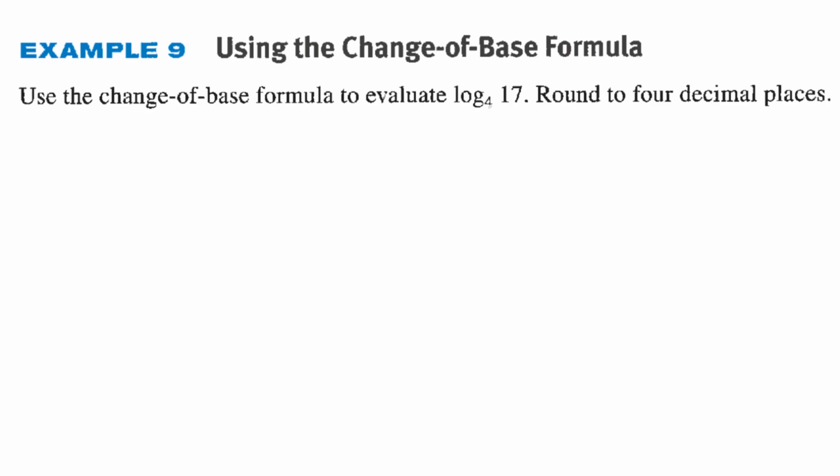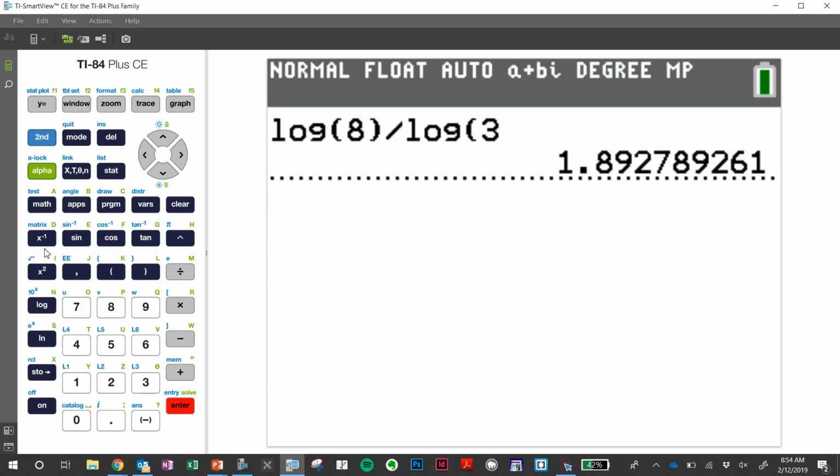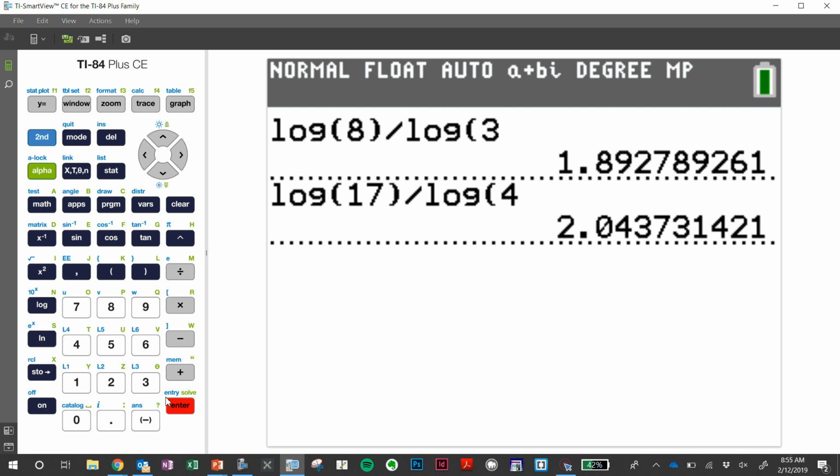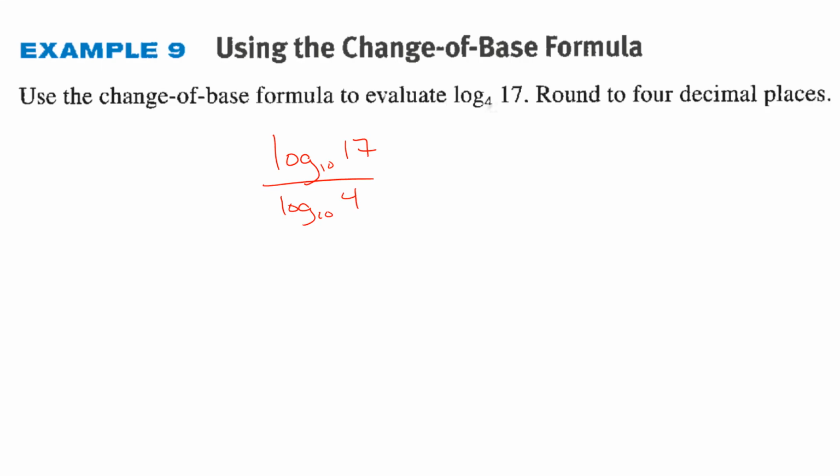No, one more for me. Log base 4 of 17. So we can rewrite this as log base 10 of 17 over log base 10 of 4. Plug it into our calculator. Log of 17, close our parentheses, divided by log base 10 of 4. And we have 2.0437.